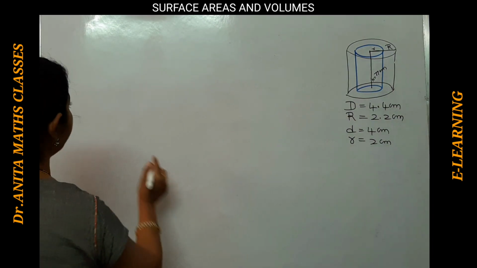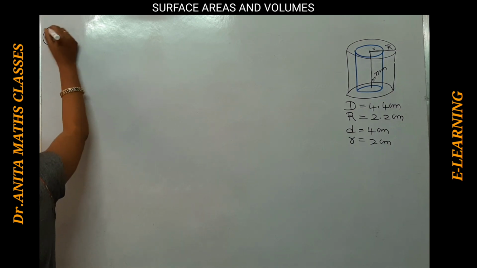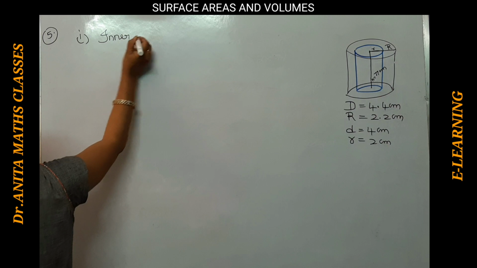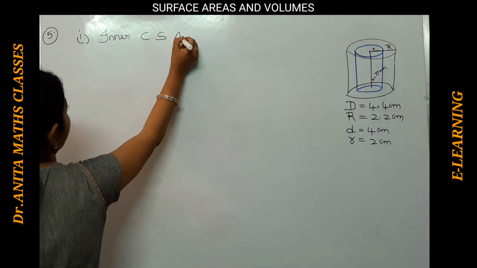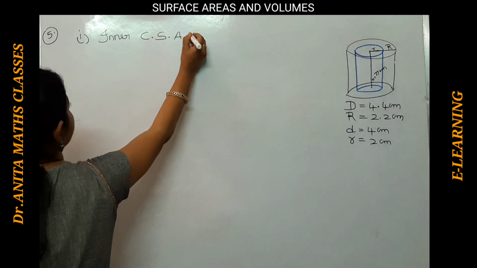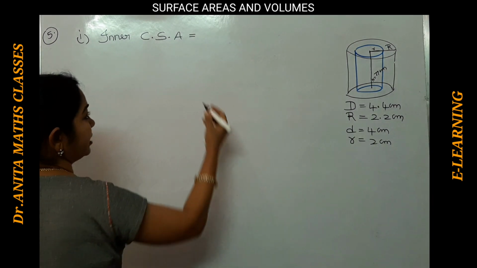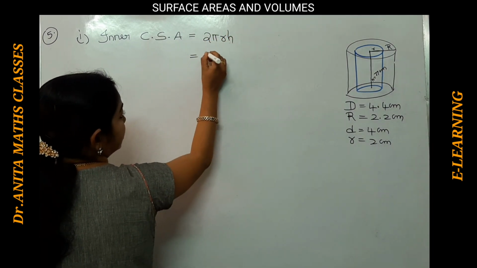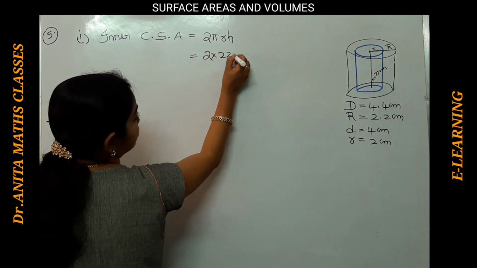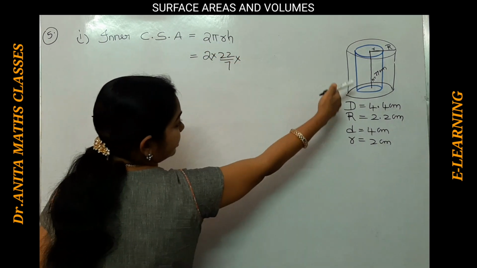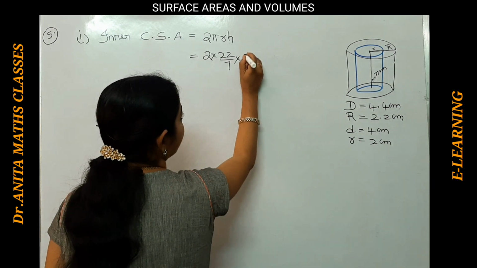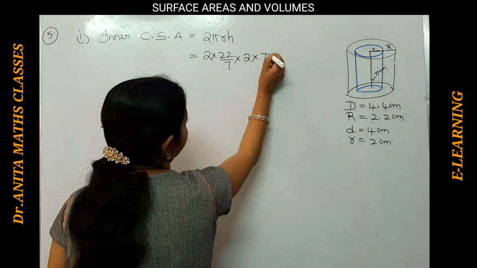Now what do we need to find? We have to find the inner curved surface area, CSA. The CSA formula is 2 pi r h. Here I'll substitute 2 into 22 by 7 into r, the inner radius small r is 2, into h which is 77.